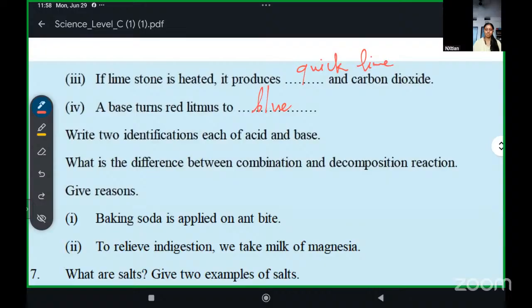Okay, ma'am. Zoe, can Zoe tell any other property of an acid?